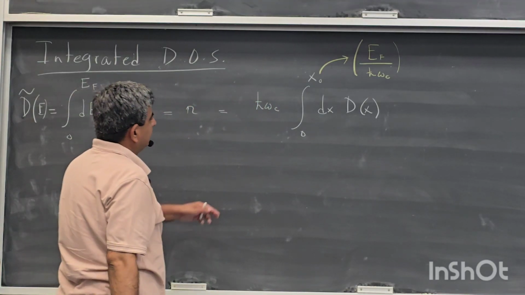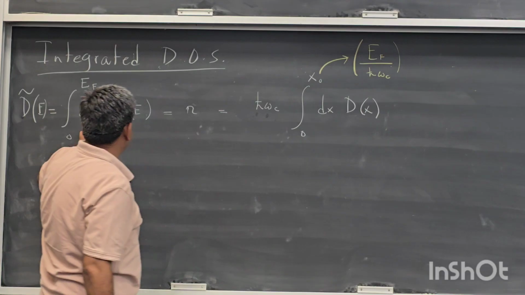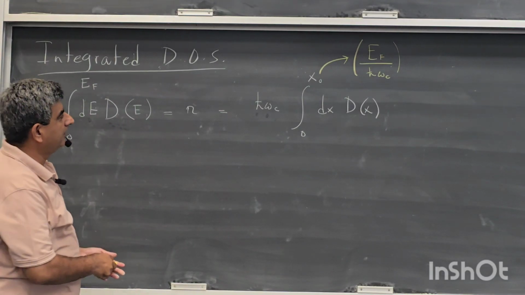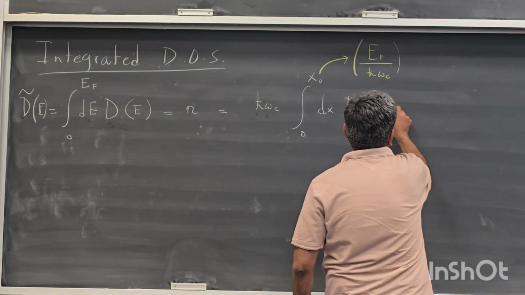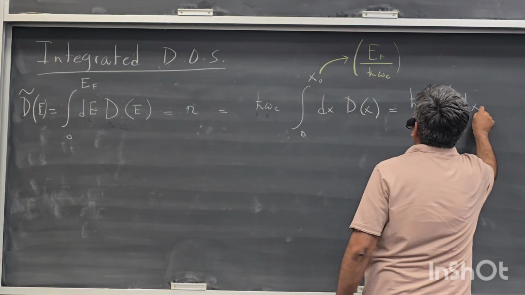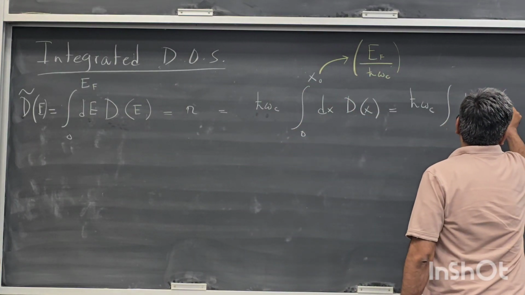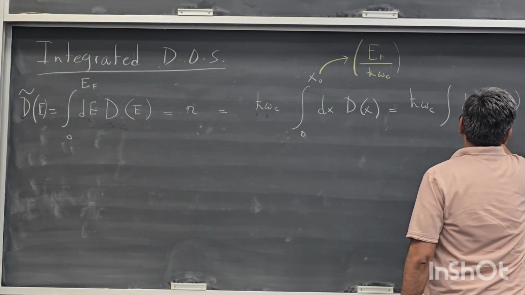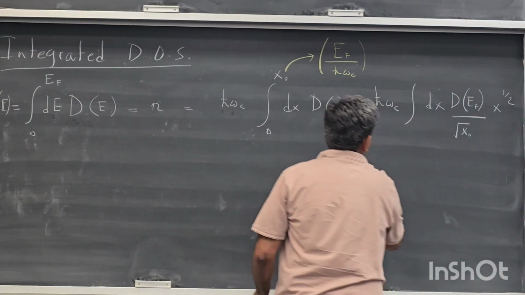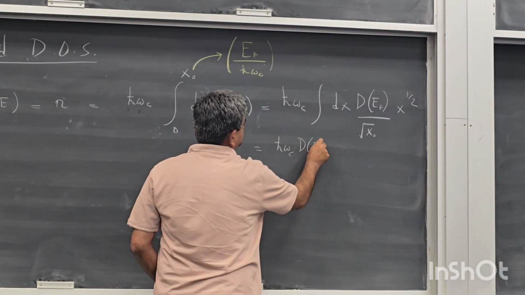This h bar omega c is factored out because the energy is x times h bar omega c. So this becomes h bar omega c dx. I already have an expression for dx, d EF times x naught, square root of x, raised to the power 1 by 2. This becomes h bar omega c d EF.